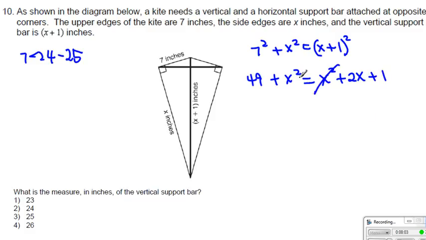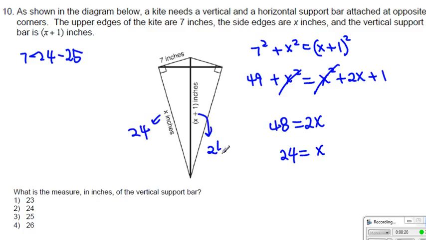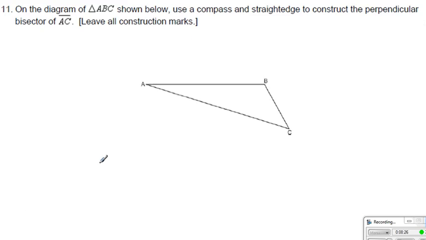Then here x squared cancels out, and then subtracting 1, we get 48 equals 2x, where x is equal to 24. So here it becomes 24, therefore the vertical bar is 25. Choice number 3.